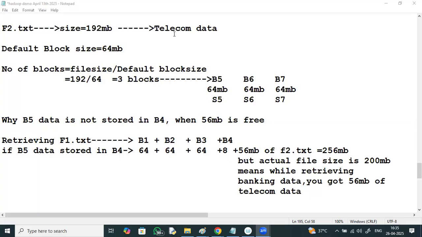Yes, understood, right? So if B5 data is stored in B4, then when I am retrieving file1.txt, you are getting a part of file2 data also, which is a wrong computation. That's why every file will have its own dedicated number of blocks.